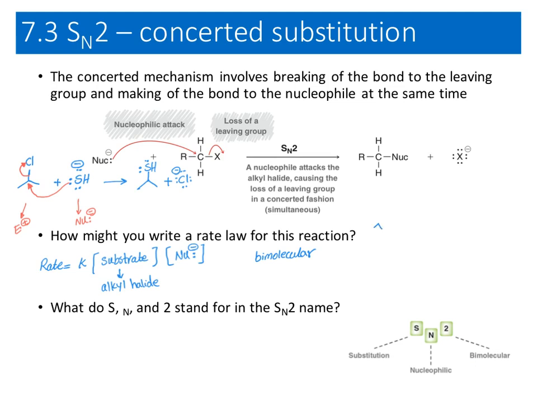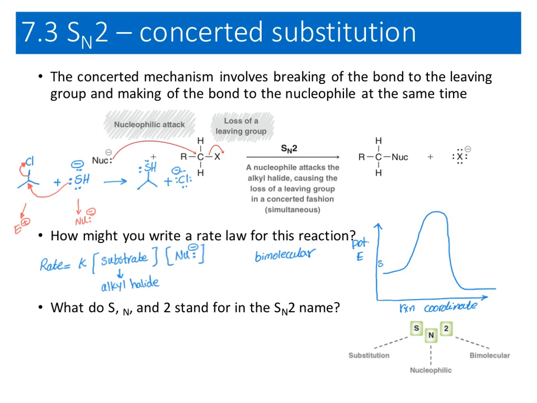So we need to plot the potential energy versus reaction coordinates. And this is the energy diagram for the SN2 reaction.